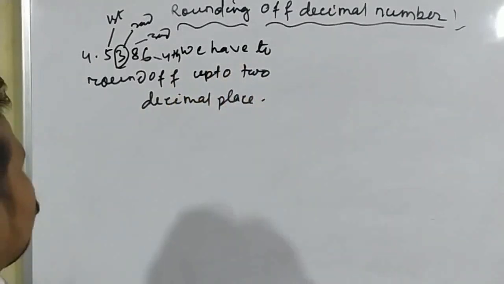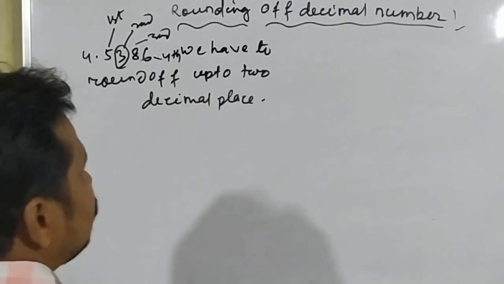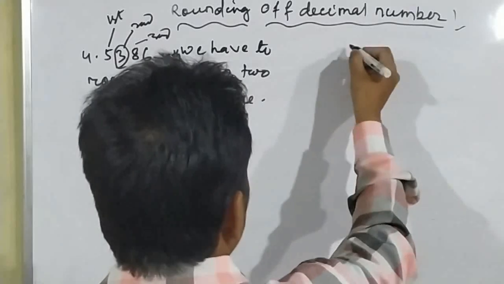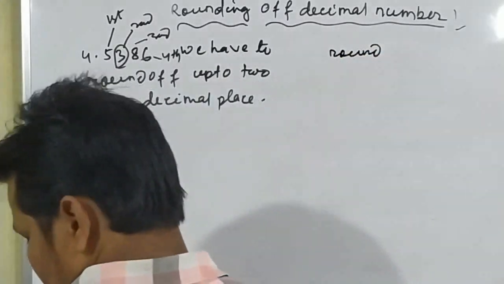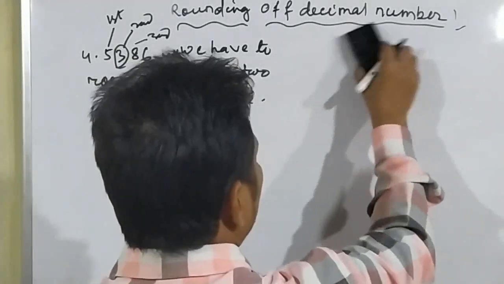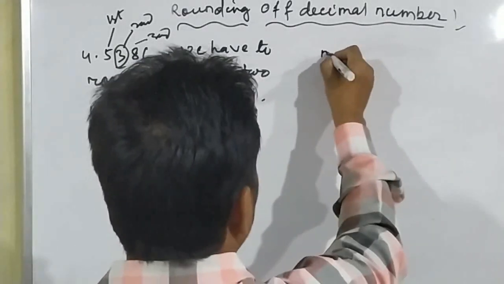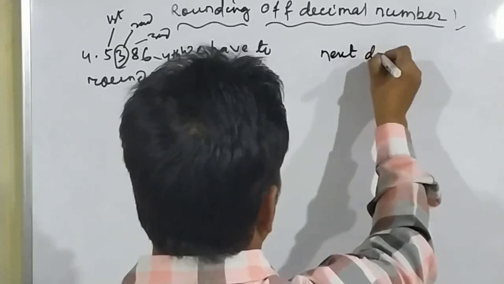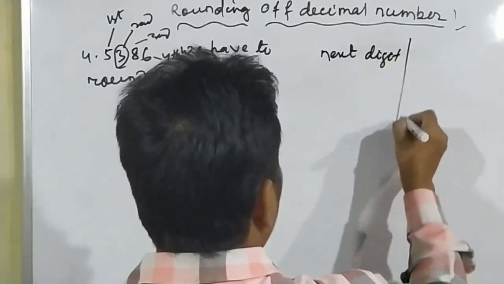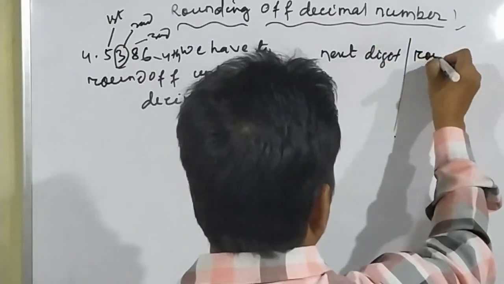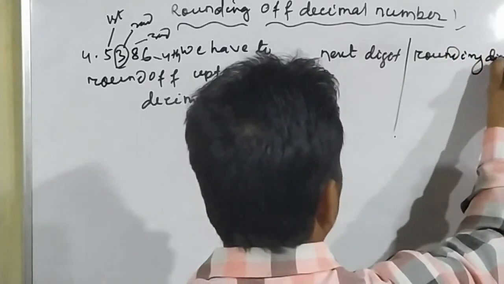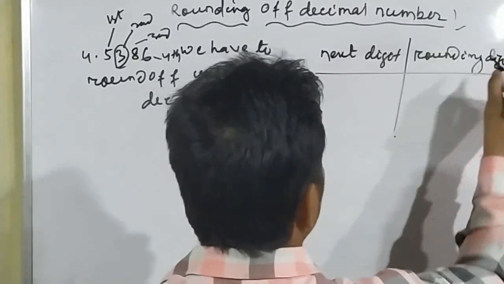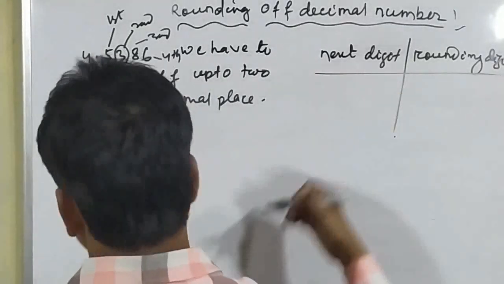So for rounding off numbers, there are certain rules. What are the rules? Here we have to look at the next digit, and this is the rounding digit.